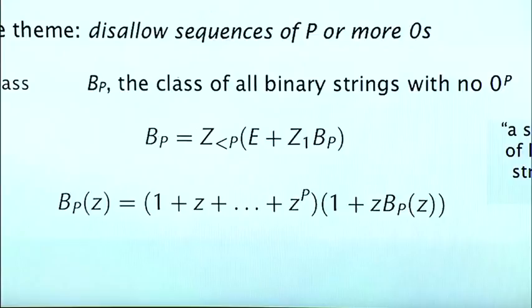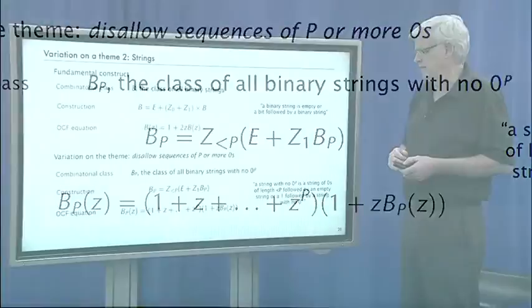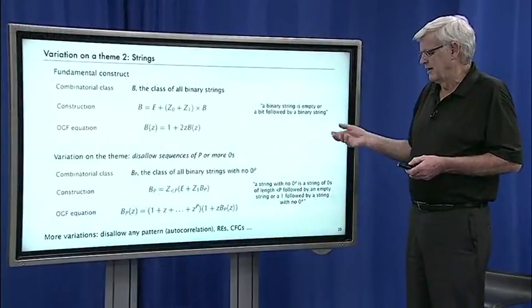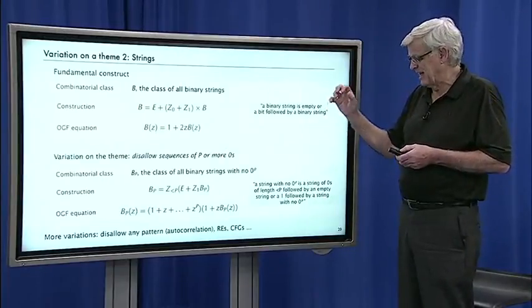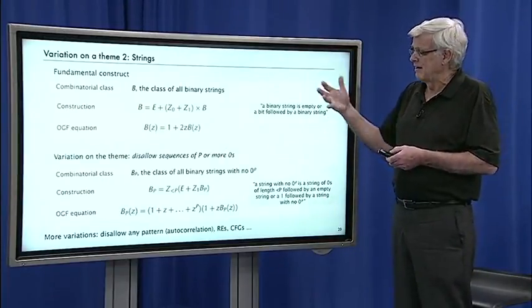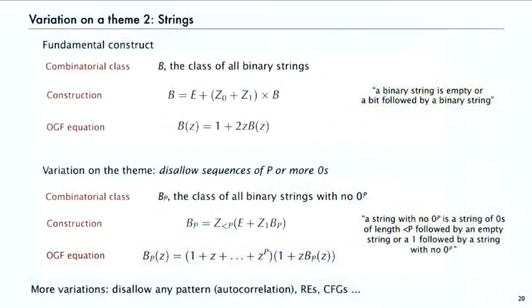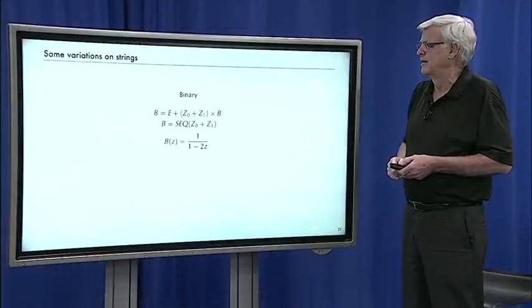And there are lots of applications where people want to know things of this sort. And this extends to being able to disallow any pattern whatsoever. It extends to enumerating strings in regular languages or in unambiguous context-free grammars and many, many other applications.